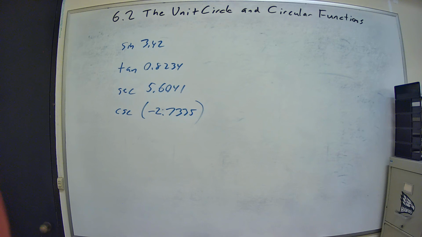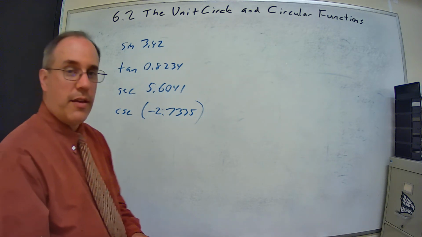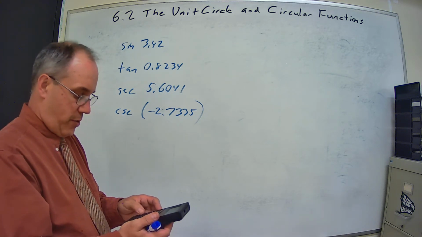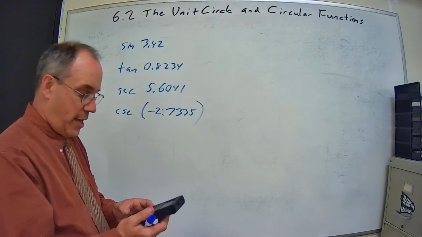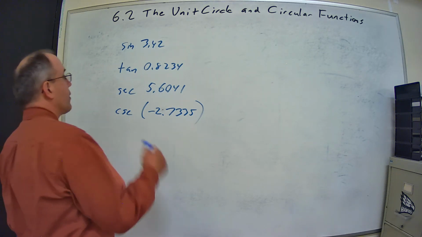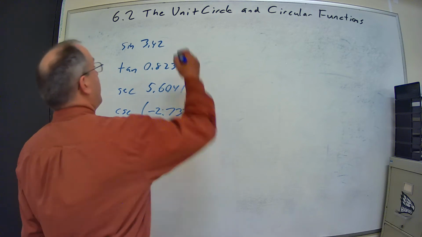Now, I would suggest plugging these into your calculator. That's what I'm going to do. Make sure that you're in radians. So I'm putting myself into radian mode right now. Now my calculator says rad, so that's pretty cool. You thought I was going to say rad. Okay?